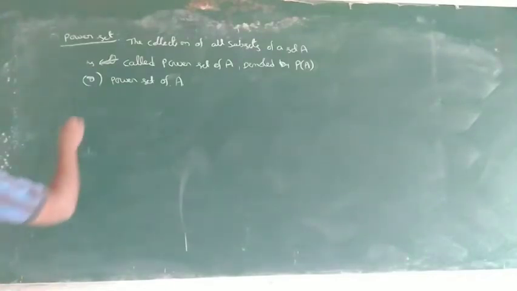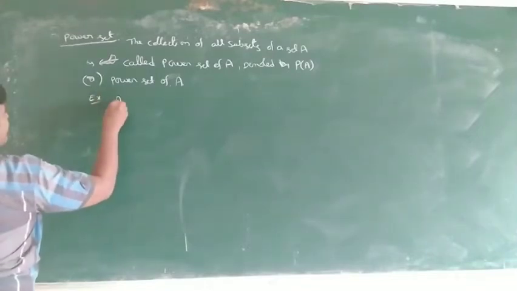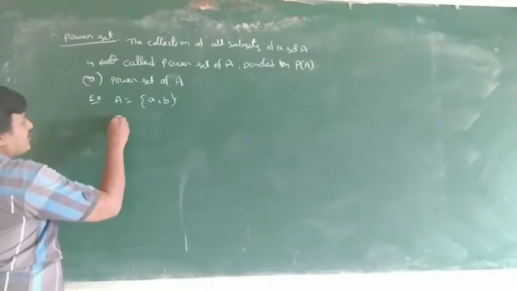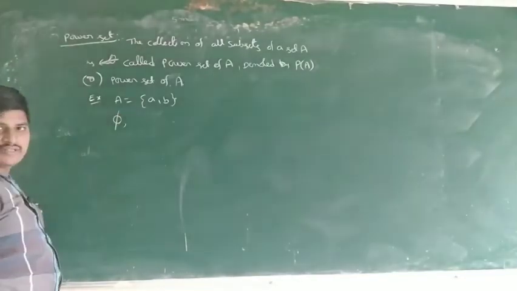For example, A is equal to {a, b}. A is a set {a, b}. So what is the power set? To find the power set, first we have to calculate the subsets. What are the subsets of A? Phi is a subset.